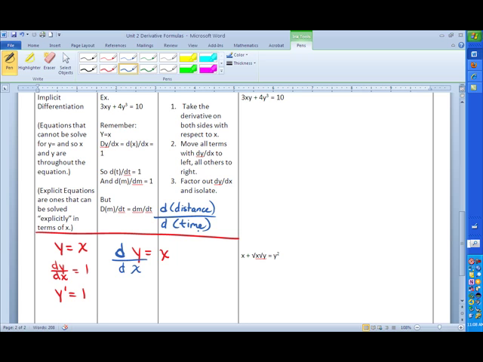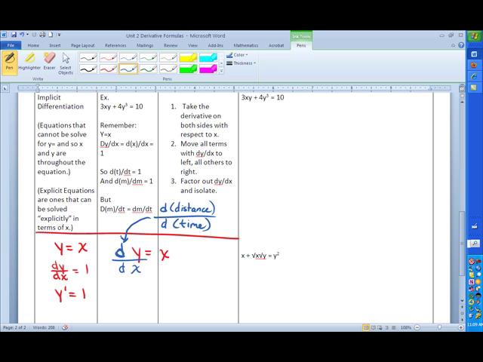How is your distance changing with respect to how time changed? I could ask how your distance is changing with respect to what you ate for dinner, but there may not be any relationship. So that's what dy dx is saying.